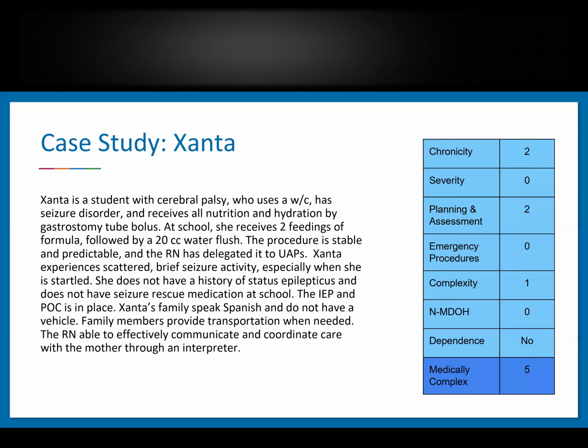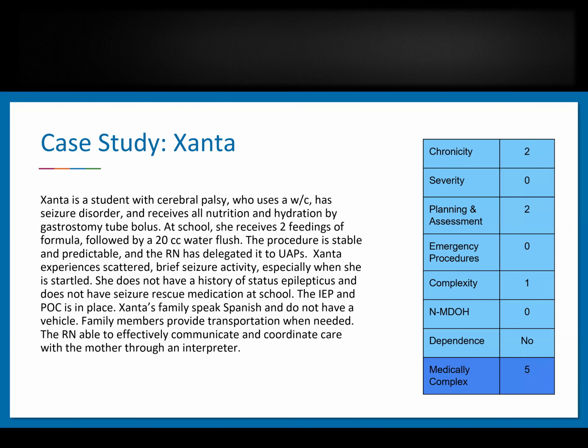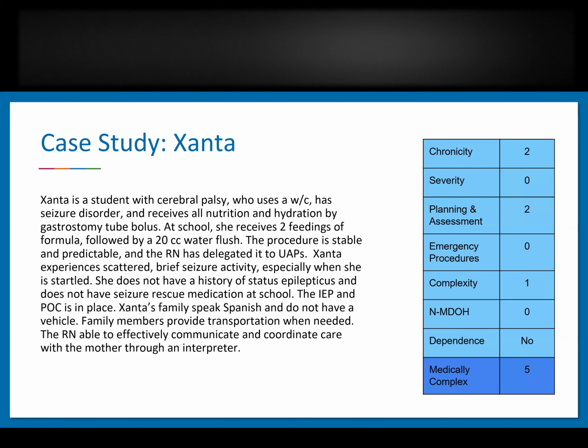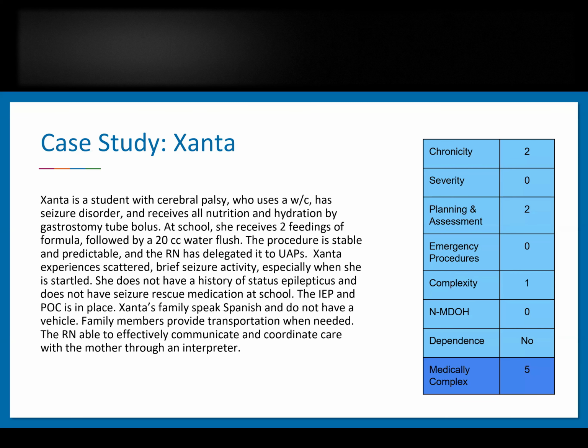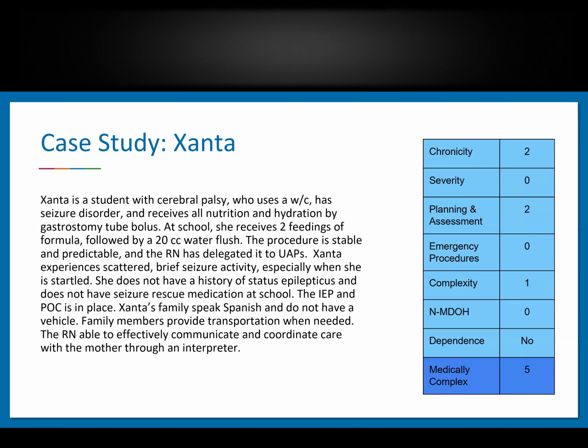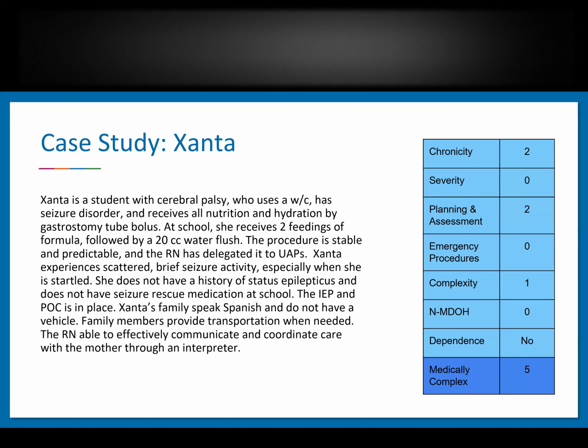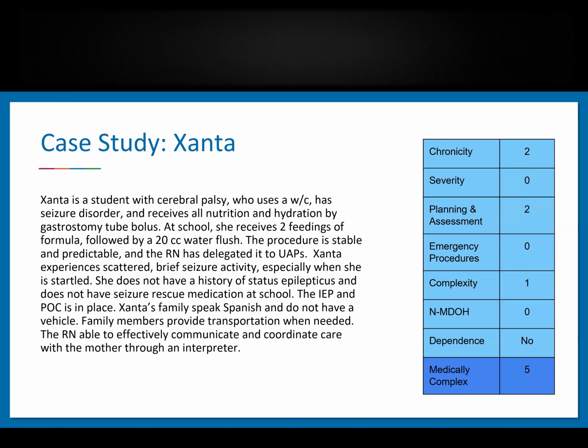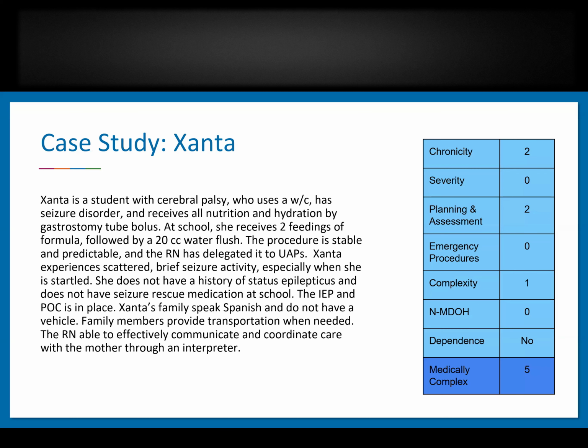She does not have a history of status epilepticus and does not have seizure rescue medications at school. The IEP and plan of care are in place. Xanta's family speaks Spanish and does not have a vehicle. Their extended family members provide transportation when needed. The RN is able to effectively communicate and coordinate care with the mother through an interpreter. The score for chronicity is 2 because there is more than one condition being managed by the nurse.